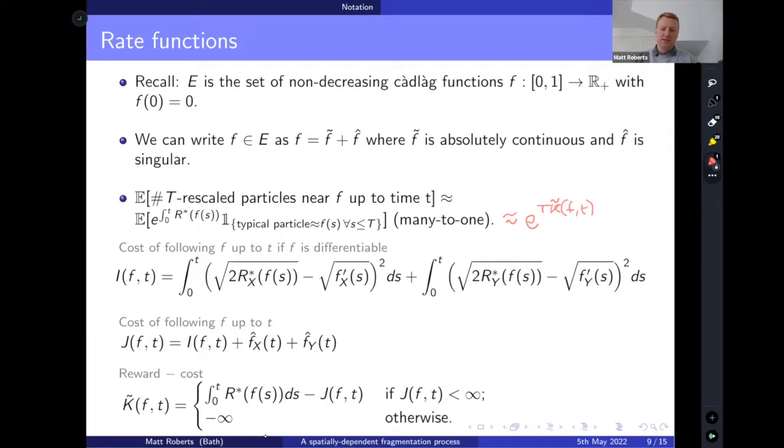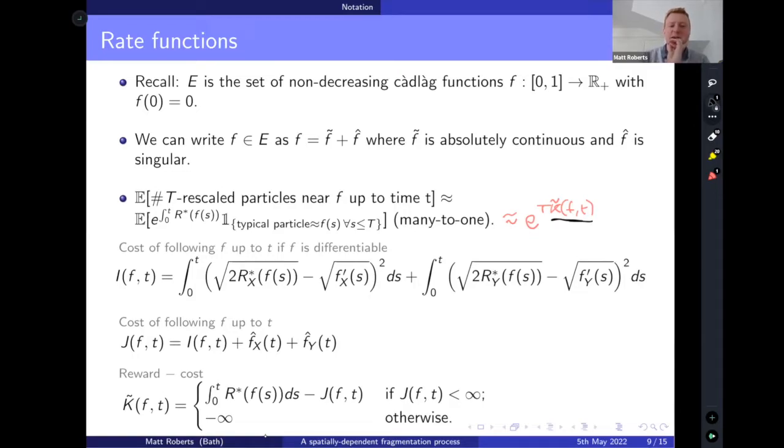but the problem is, if there exists a small t such that k tilde of f and t, let me change the color, so if this thing is negative, then, well, t is getting large, we've then got e to the something negative times t.